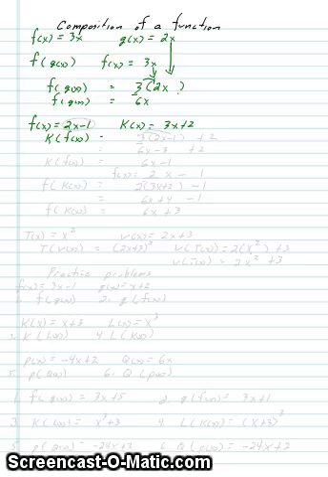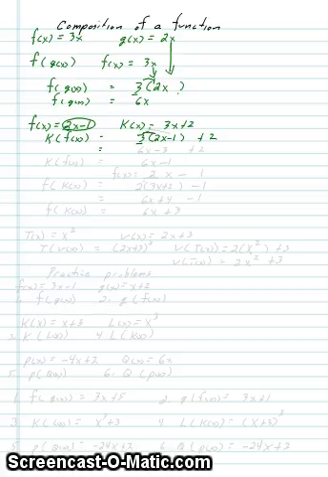We take this k of x function, 3x plus 2, take the x out, put a parenthesis in its place, plus 2. So here's 3 times a parenthesis, plus 2. We're going to substitute into that parenthesis this f of x function, the 2x minus 1. Then we're going to simplify.